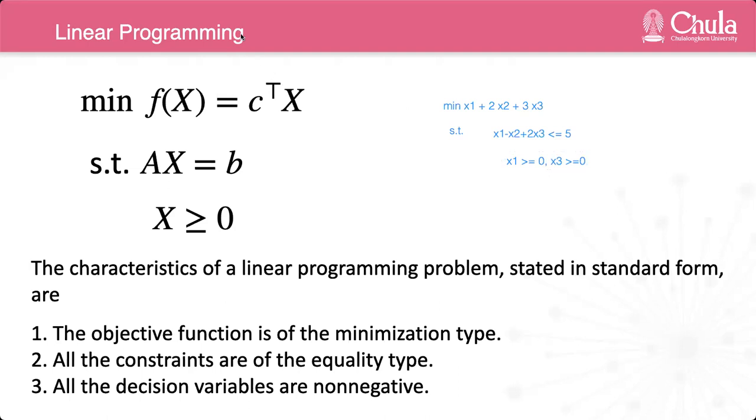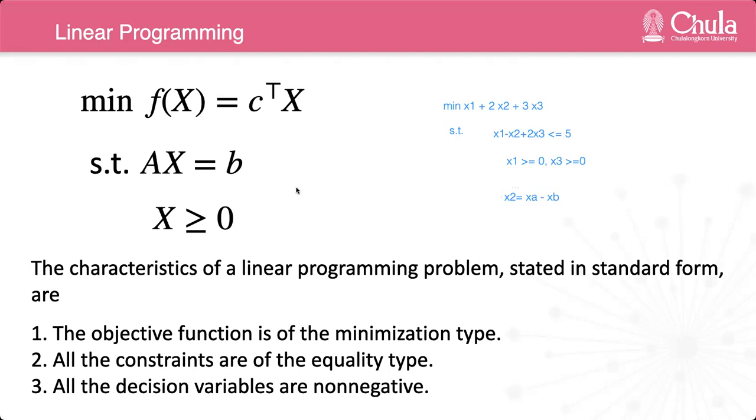The first thing we have to look at is the non-negative sign. We have x1 and x3, which are non-negative, right? However, we don't have a restriction on x2. So we write x2 as xa subtract xb, and we have the restriction that xa and xb must be positive.